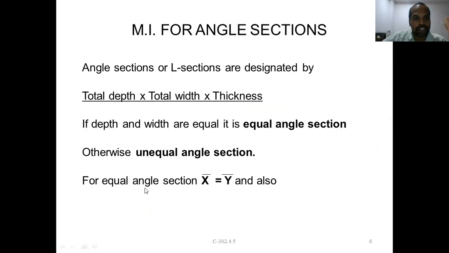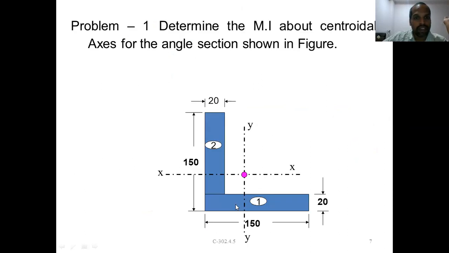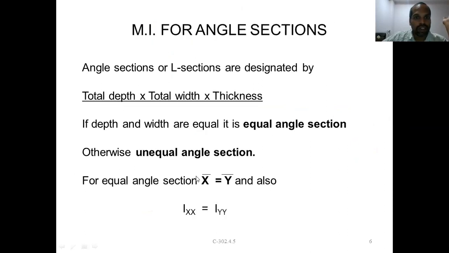For an equal angle section, x bar equals y bar. That is one more advantage for equal angles. Ixx is equal to Iyy, because one will be the same as the other. So if we calculate Ixx, that will be equal to Iyy.